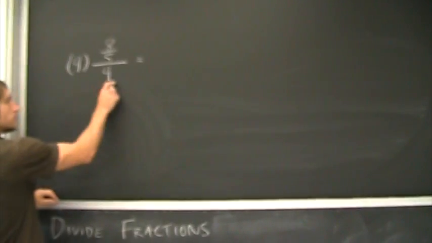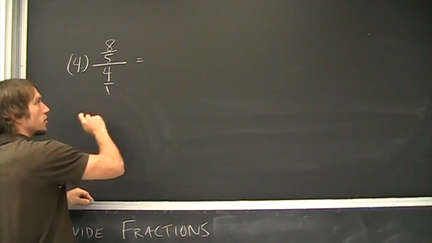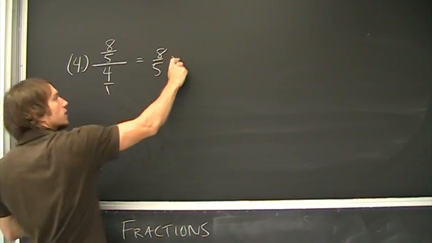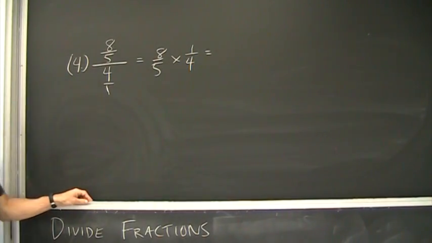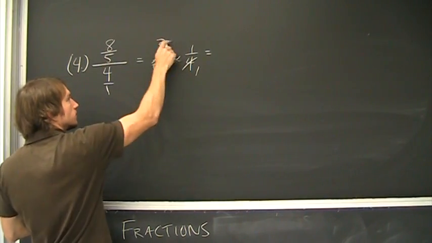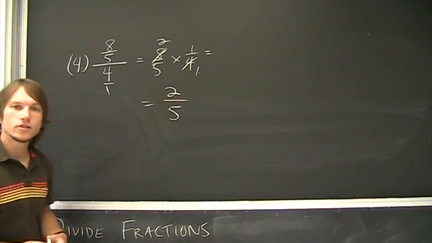We made the integer a fraction, right? Just make it a fraction. So I can always put it over 1. 8/5 divided by 4/1 is 8/5 times 1/4. Okay, and then look for your reduction. Okay, and I'm done. 2/5.